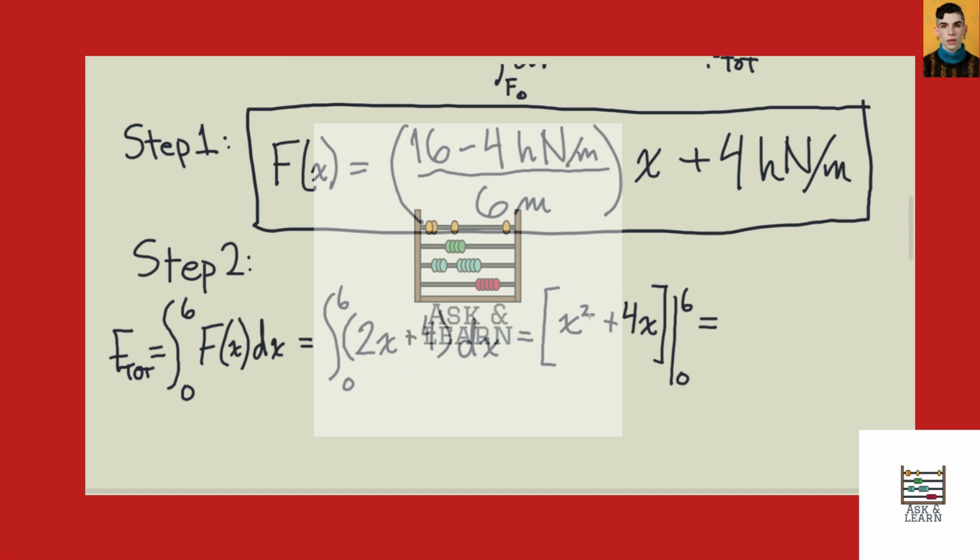We'll put them back in after we're done with the integration. We do the integration term by term here. The integral of 2x dx is x squared over 2, so the 2's cancel. We're left with x squared. The integral of 4 dx is 4x, and we're going to evaluate these from 0 to 6.